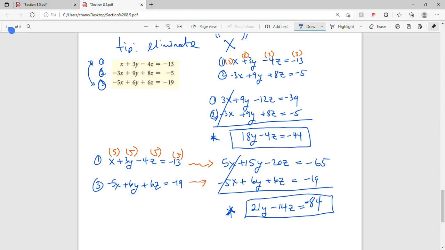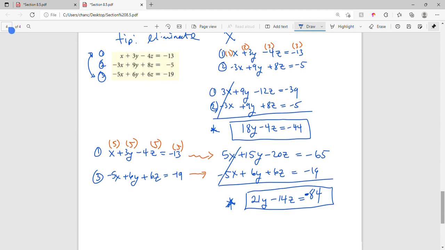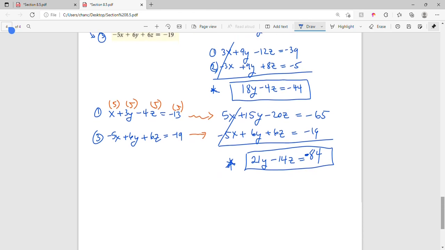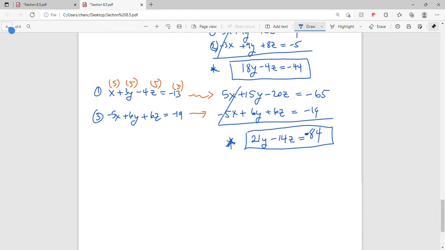So let's go back and fix that. Put that as a -84. Now we have two equations of two variables which we know how to solve. Let's stack 18y minus 4z equals -44 on the top, and on the bottom I have 21y minus 14z equals -84.